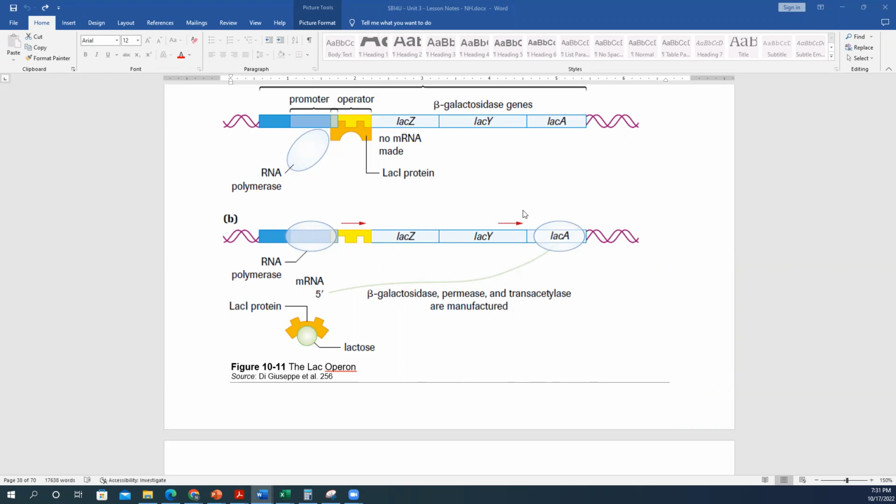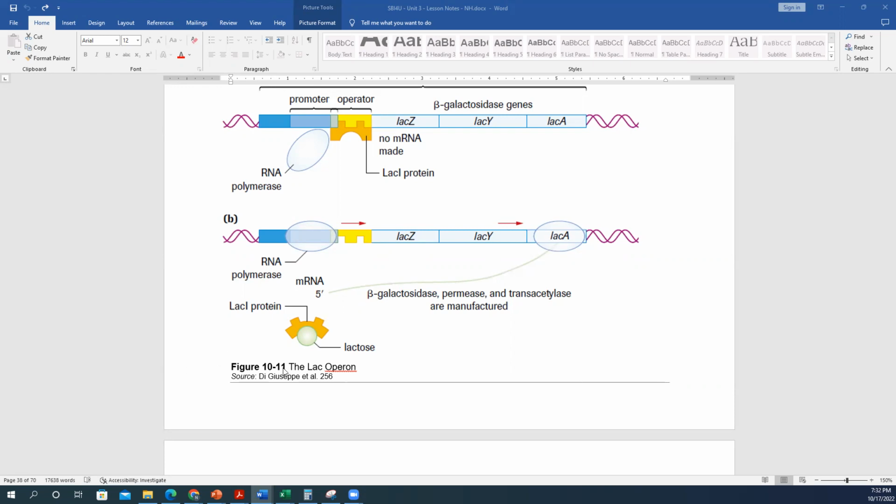Anyhow, all of these are enzymes and proteins that you need in order to metabolize lactose. And since you have lactose, lactose binds to the repressor, gets it off. RNA polymerase is able to bind and carry out transcription. And so now you have your mRNA message transcribed.